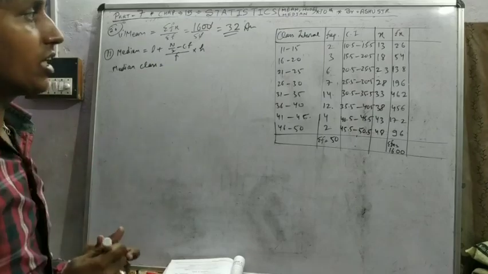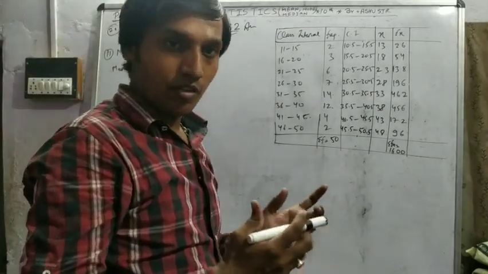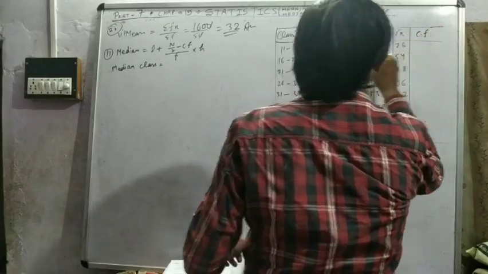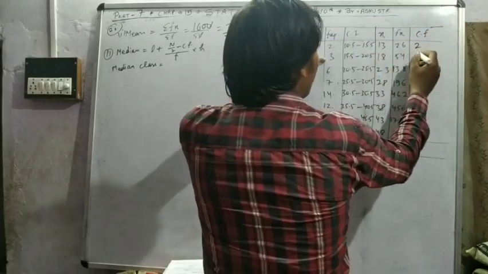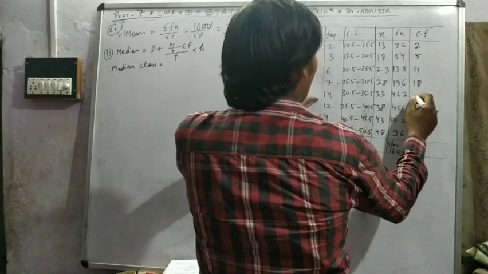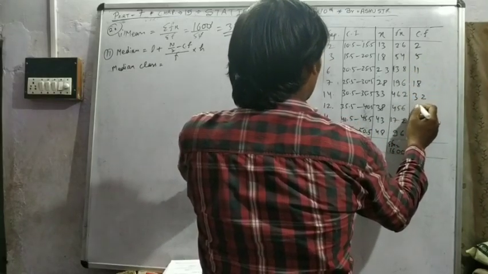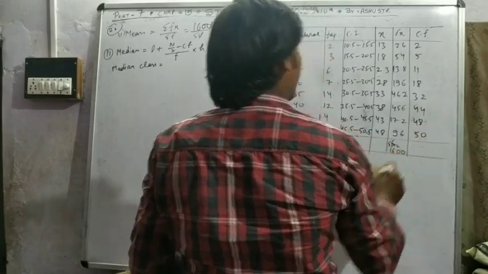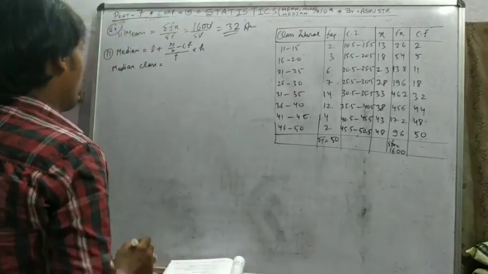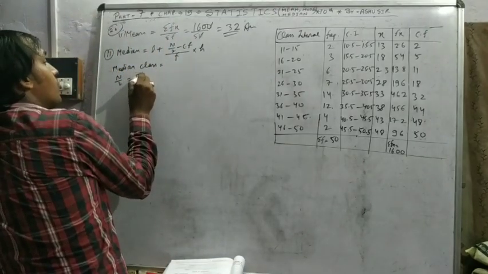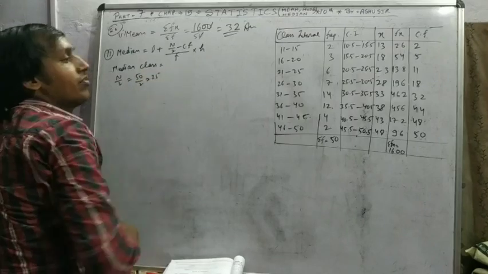First we find the value of CF, the cumulative frequency: 2, 5, 11, 18, 32, 44, 48, 50. Then n by 2 is equal to 50 by 2, 25.